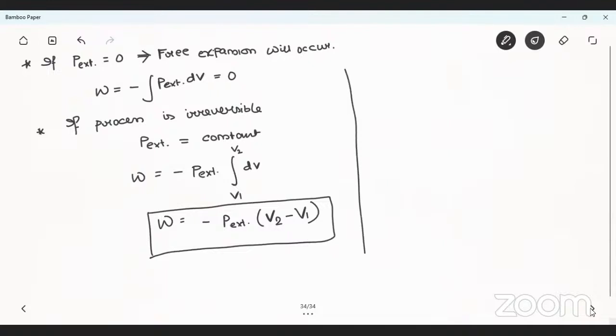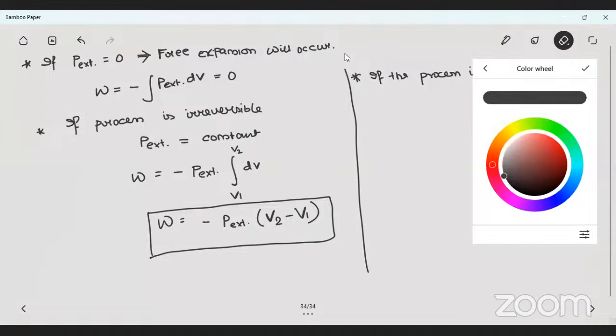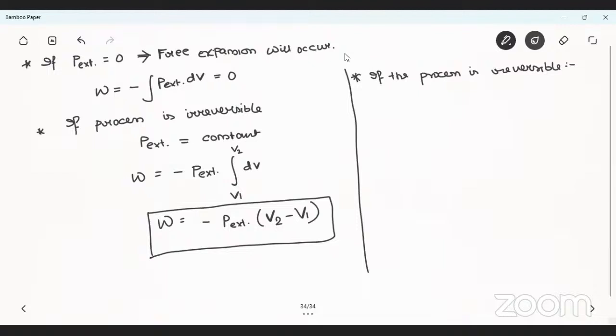Now you can ask me, if the process is reversible, what will happen?